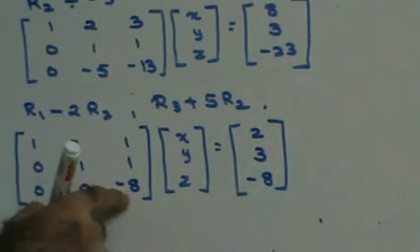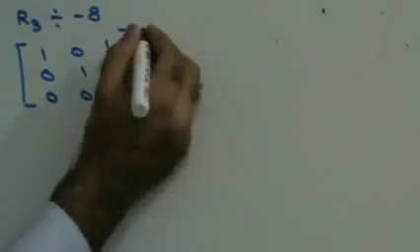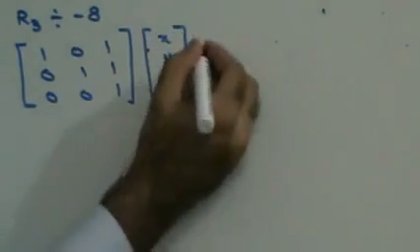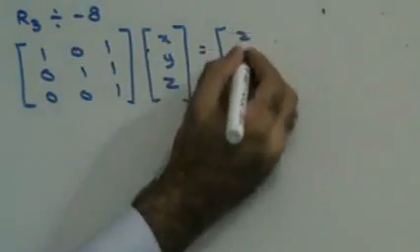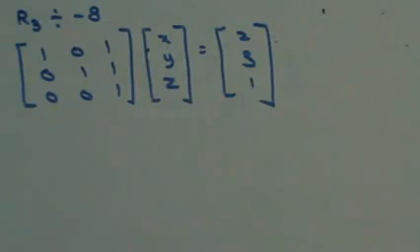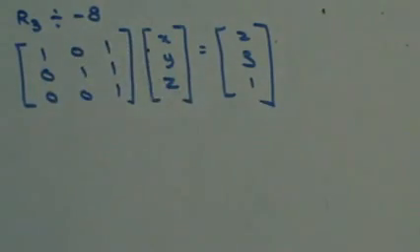Now I need to make this number as 1. So I'll say R3 divided by minus 8. If I divide R3 by minus 8, I'll get 1, 0, 1; 0, 1, 1; 0, 0, 1; X, Y, Z is 2, 3, 1. I'm dividing R3 by minus 8. Once I've done that, now I need to make the number in the 7th and the 8th position as 0.